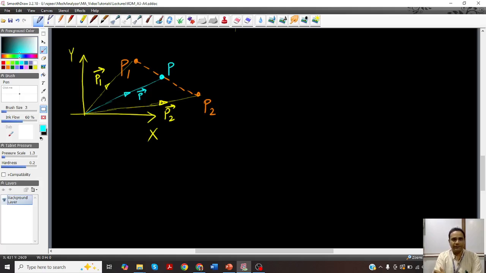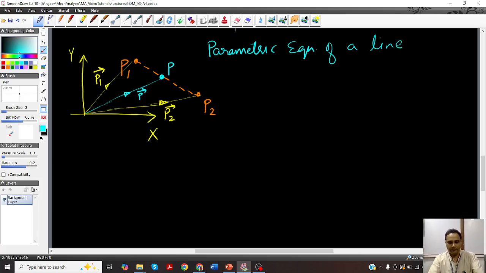So we represent that as the parametric equation of a line. P vector will be equal to p1 vector plus, let's say, the vector p1 to p, till here.